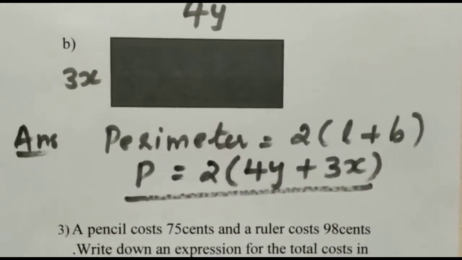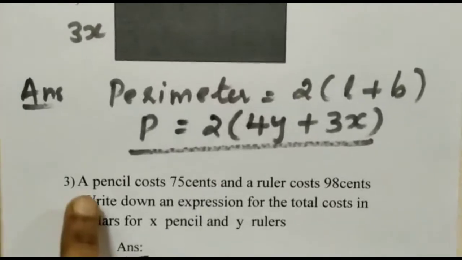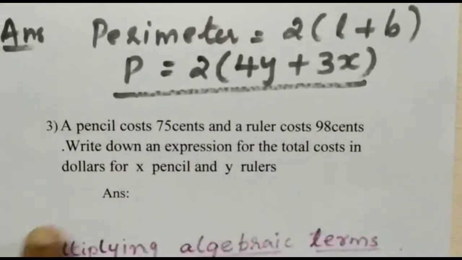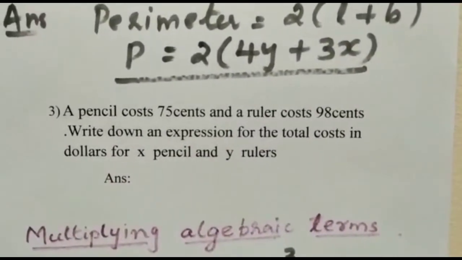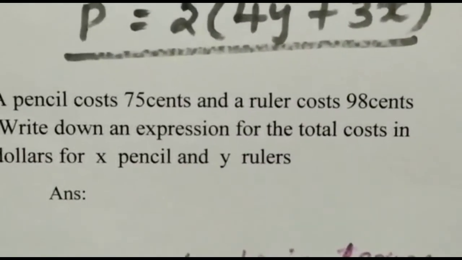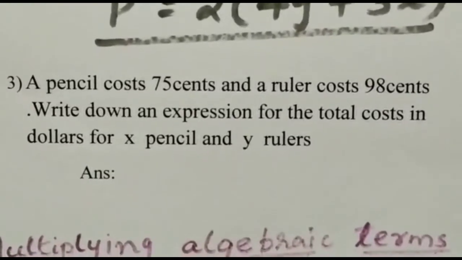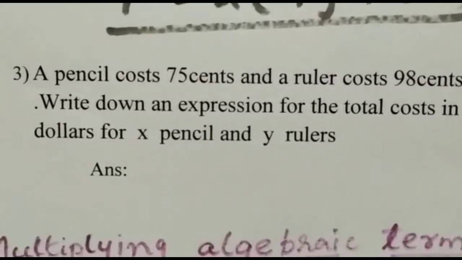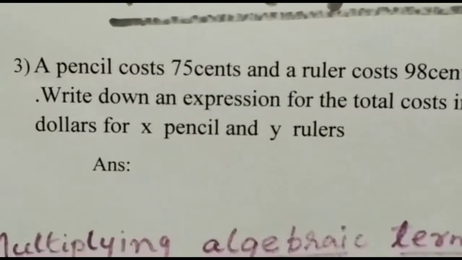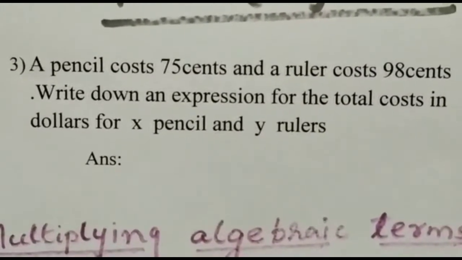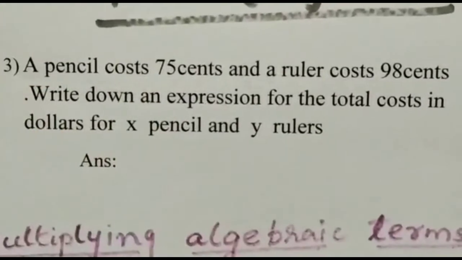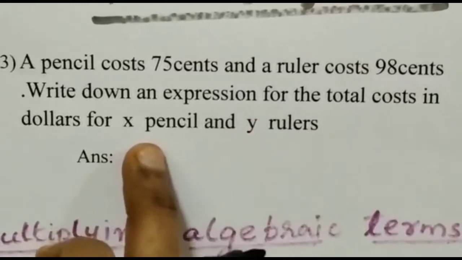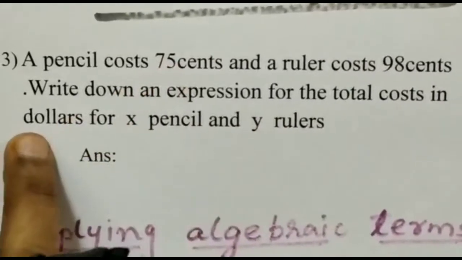Third question I am giving you as a word problem. A pencil costs 75 cents and a ruler costs 98 cents. Write down an expression for the total cost in dollars for x pencils and y rulers. You should add the costs. How many pencils are there? x pencils at 75 cents, but the answer should be in dollars.